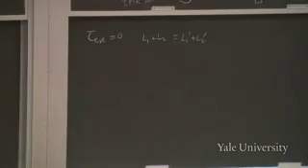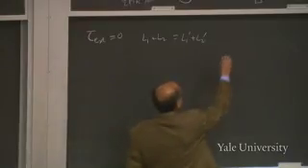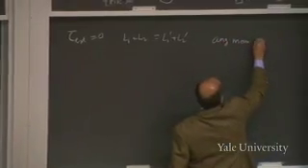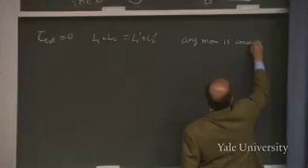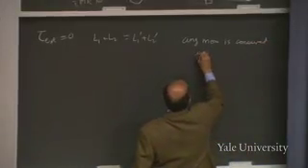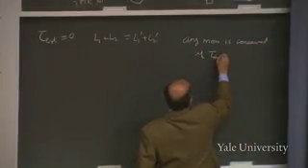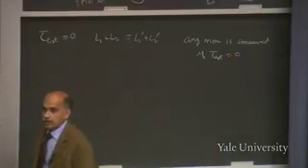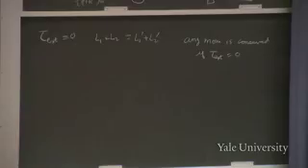That means it has the same value. Angular momentum is conserved if tau external is 0. That's like saying linear momentum is conserved if the external force is 0. So let's take some examples of this.